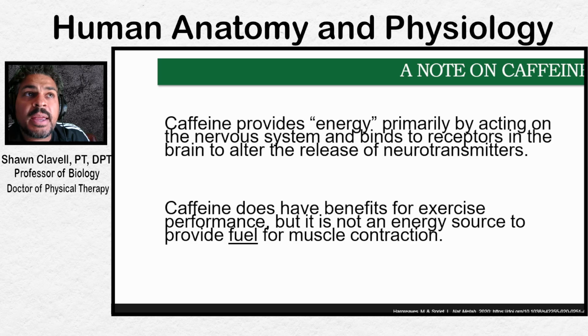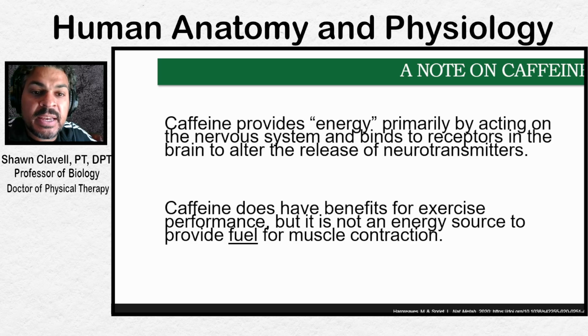As well, caffeine, or when we have a drink that contains caffeine, it might be an energy drink. Now an energy drink contains carbohydrates, quite a bit of sugar, but caffeine itself does not provide energy in terms of energy production for ATP.